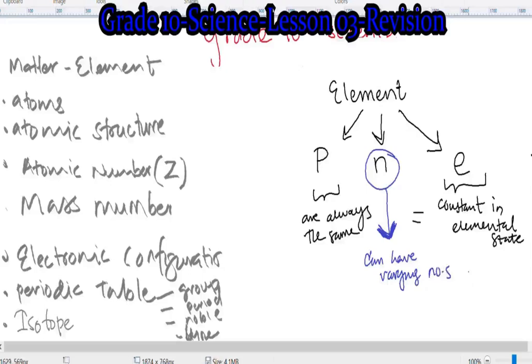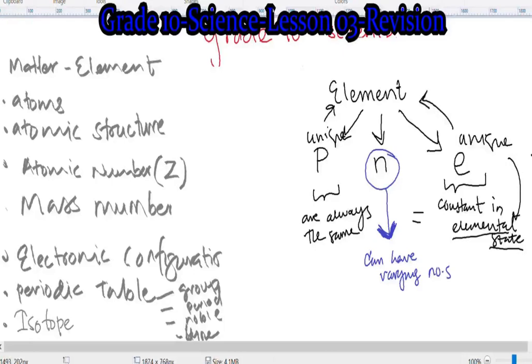Because if you take an element, they will have the same number of protons, they will have the same number of electrons, but different elements do have different numbers of protons and electrons, right? No two elements can have the same number of protons. These are unique to the element.